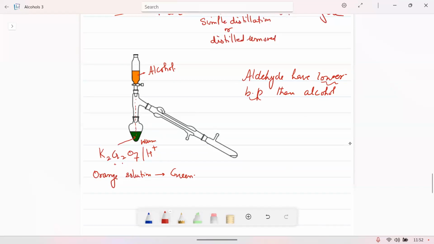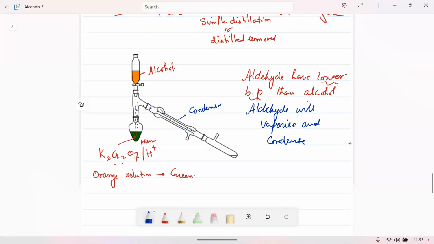So the aldehyde vapors will start vaporizing off. Since they have a lower boiling point, the aldehyde will vaporize and condense. The aldehyde vapors will go over there and enter the condenser, which is a Liebig condenser.